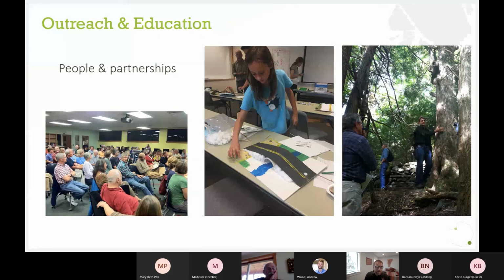And I've mentioned this before, but outreach and education. The work of a conservation commission is about dealing with people and partnerships. And so, as I spoke to at the beginning, creating events that are exciting. In the middle here is a competition on building wildlife overpasses, models of wildlife overpasses that a commission engaged in with some local schools.